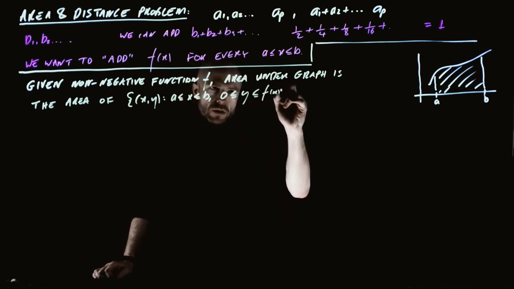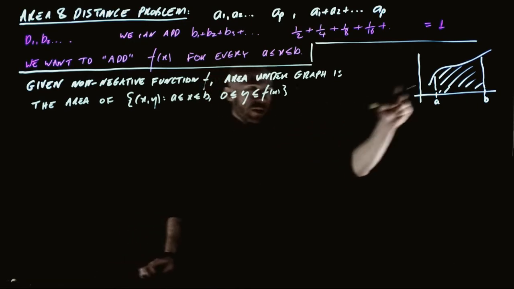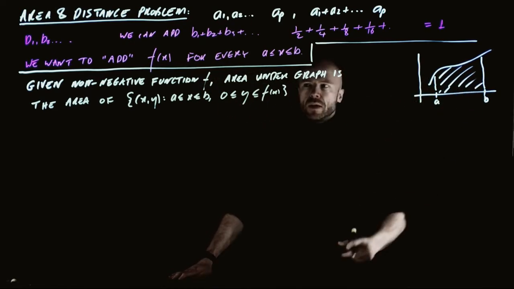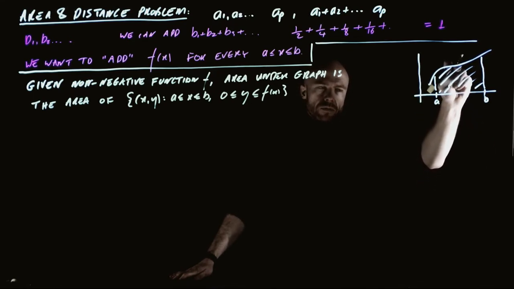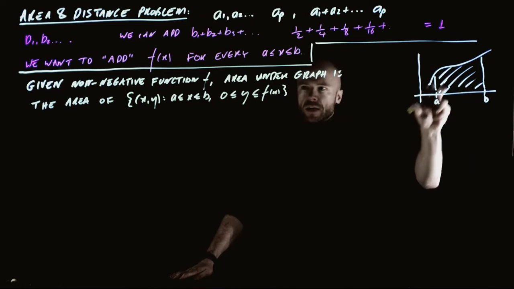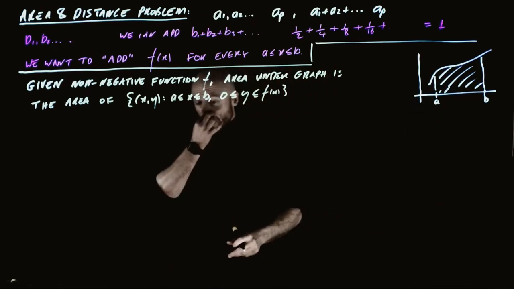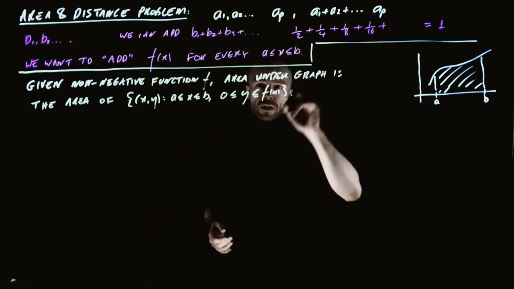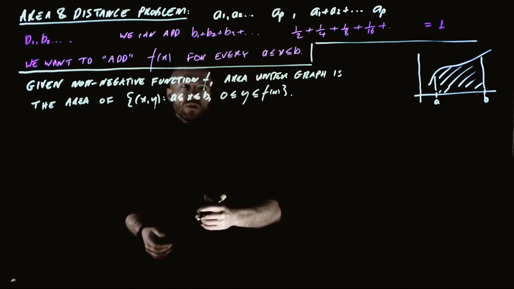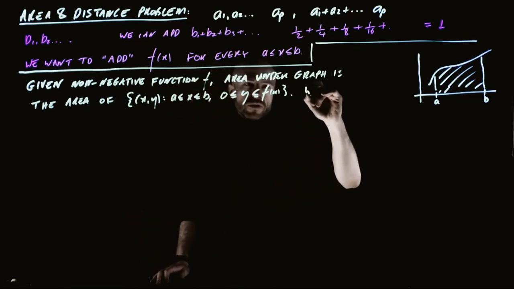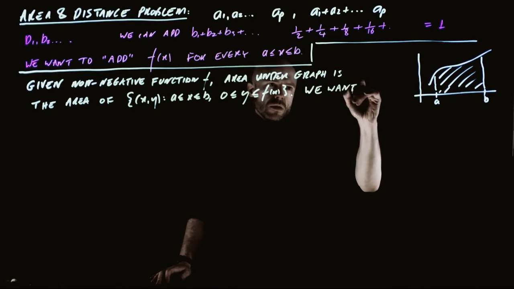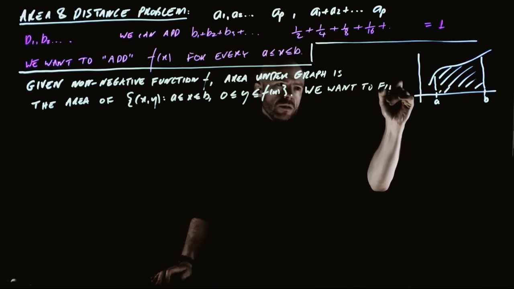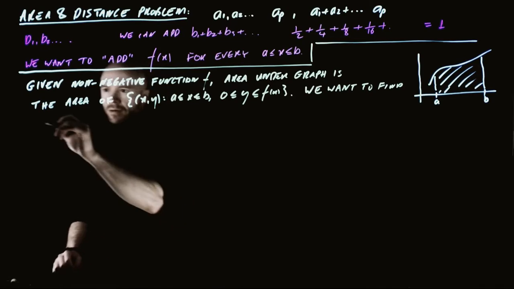That thing is all the set of points x and y here, and I've outlined here, right? Because for every x between a and b, and for every y between 0 and f of x, that describes that entire set of points. Yeah? Okay, cool. So when can we actually do this? So we want to find out how. We want to find this, find out how to calculate this.